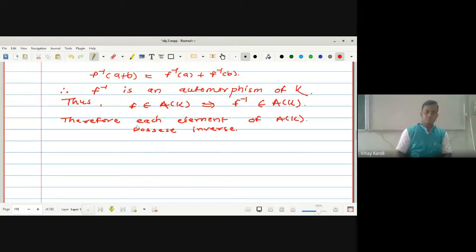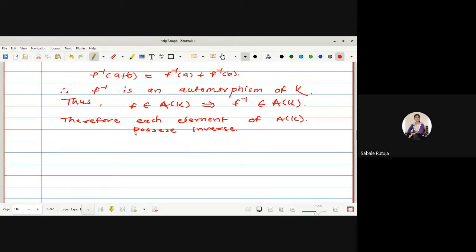Okay, any doubt up to here? No, sir. Hence, the set of all automorphisms of K, that is A of K, is a group with respect to composition.